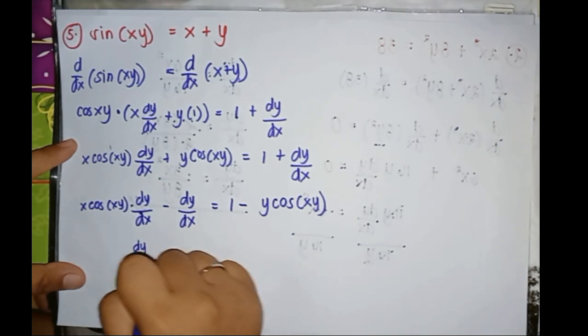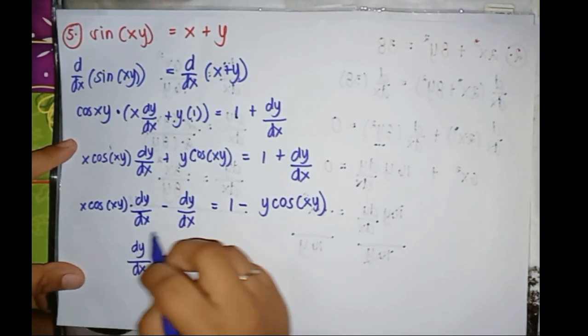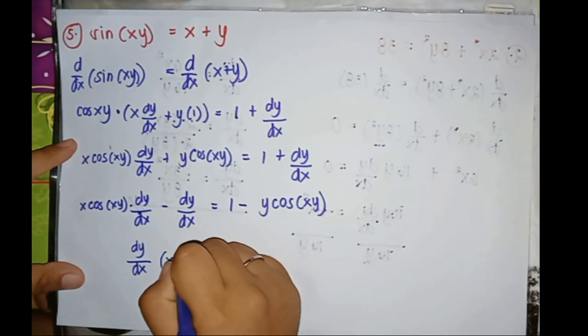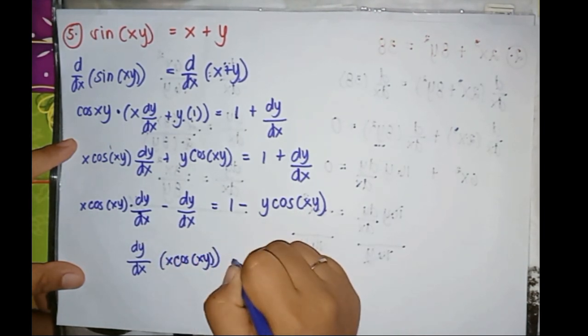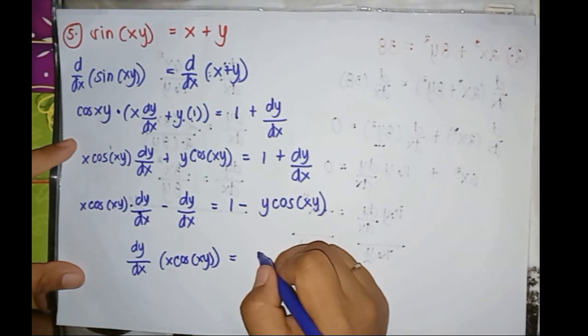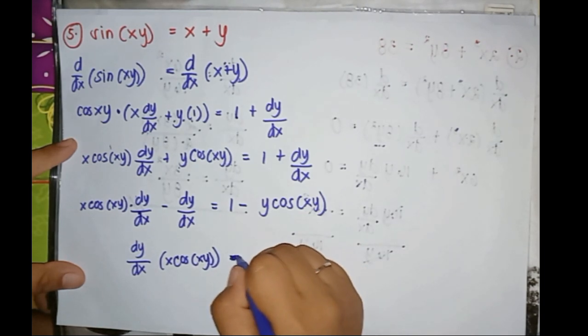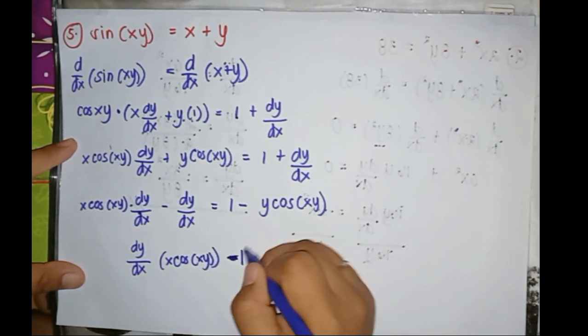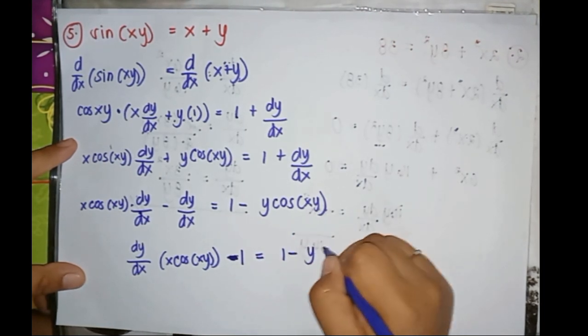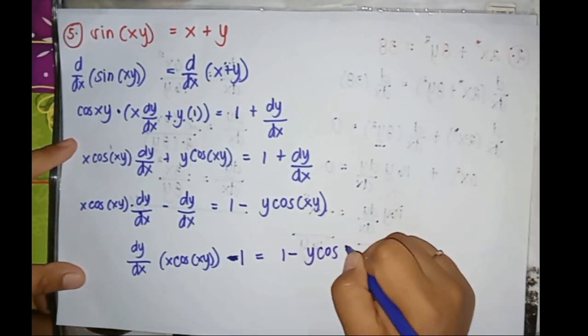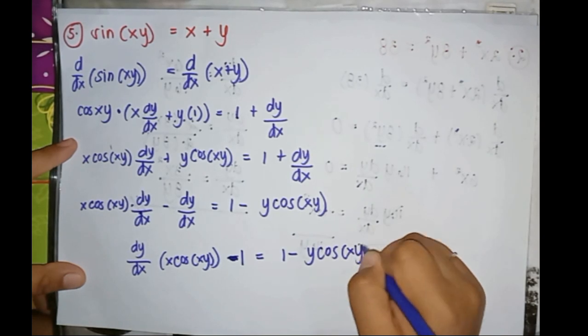So right now, let us factor out dy over dx on this part in order for us to simplify. So right now we are left with x cosine of xy minus 1 is equal to 1 minus y cosine of xy.